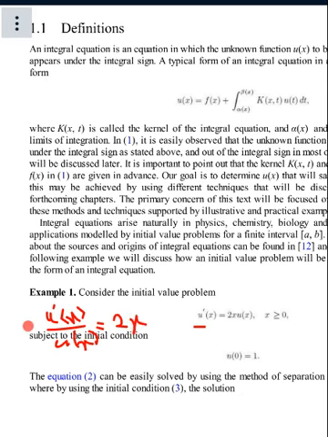Actually, we separate our functions. We put all functions in terms of x on the right side and we keep all functions in terms of u on the left side. By taking the integral of both sides, we can obtain the solution of this initial value problem.